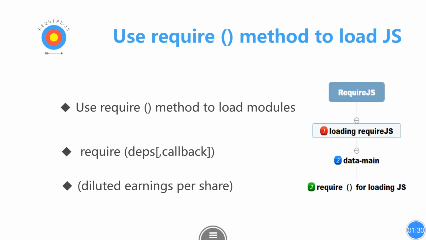The second thing, the require method has two values. The first value, look here, is deps.